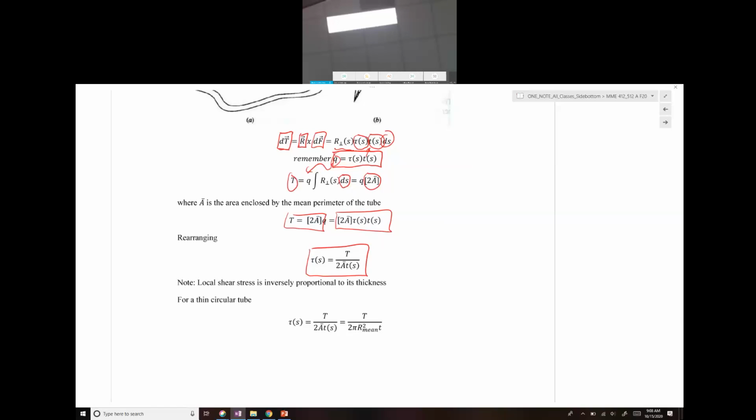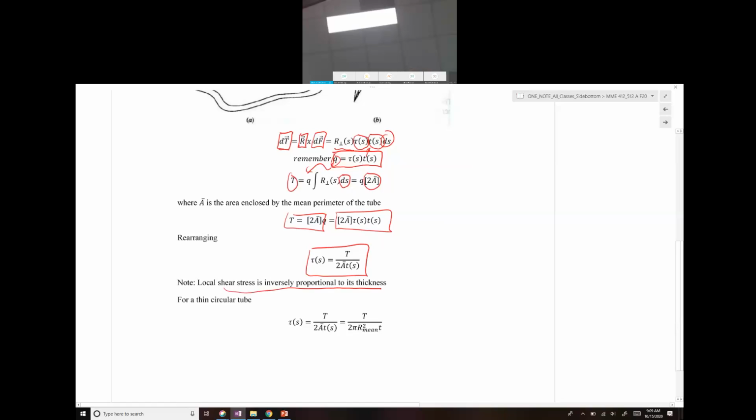The torque within a section is a constant. The area is constant. So the only thing that might vary is the thickness. If you have a thicker section, you'd have a smaller shear stress.